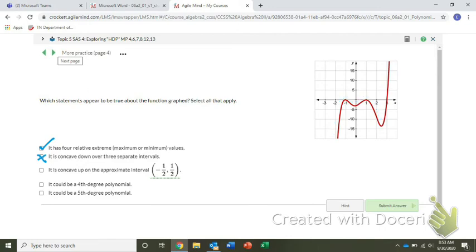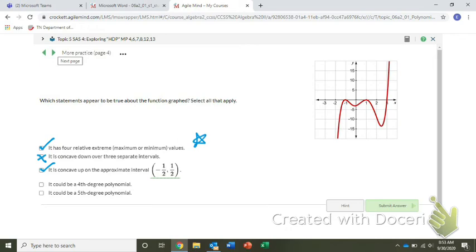Next, it says it's concave up on the approximate interval from -1/2 to +1/2. That looks pretty accurate. Now, is it a 4th degree or a 5th degree? You have to remember that you had 4 extreme values.